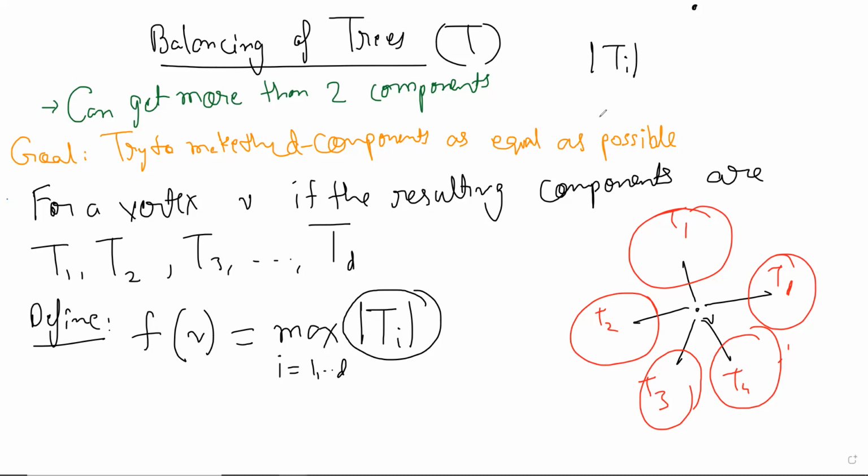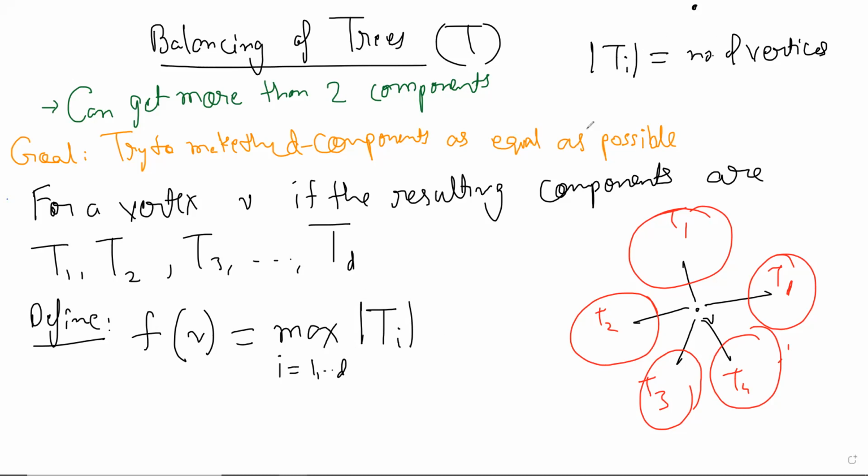The max will not change. I'll still write it for formalism: by the size of Ti, I mean the number of vertices. It could mean the number of edges also; the maximum will get shifted by one, but it doesn't really change anything.